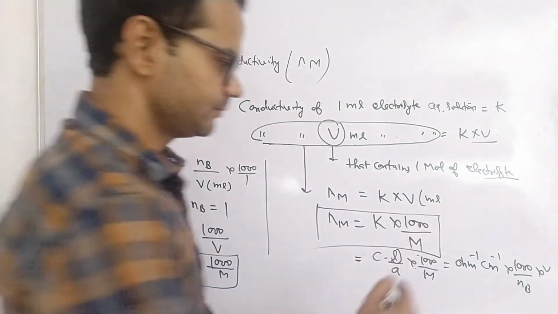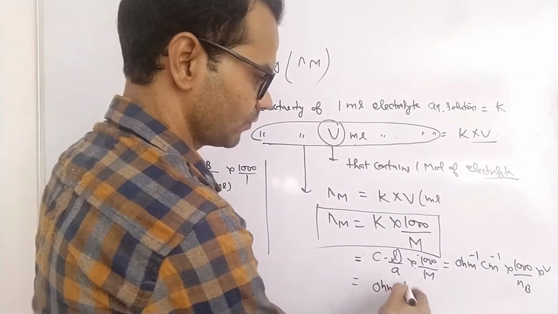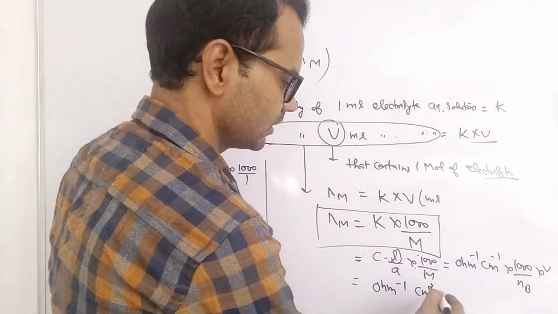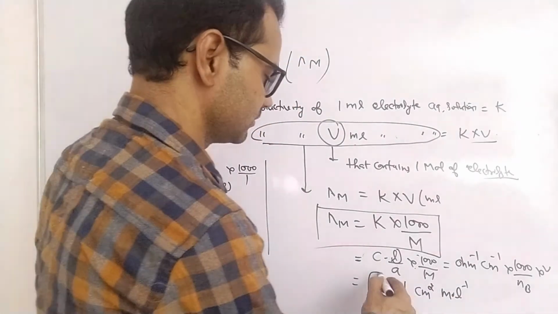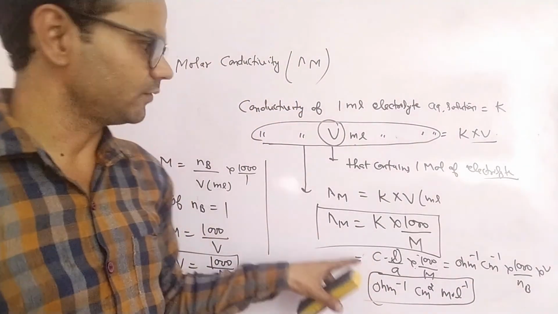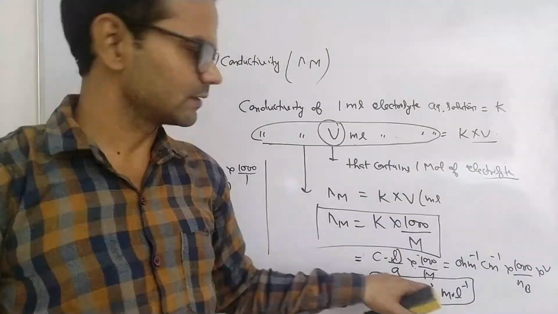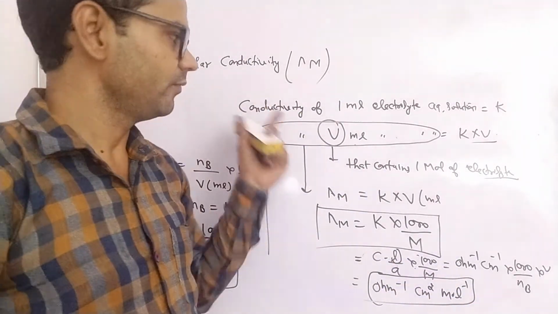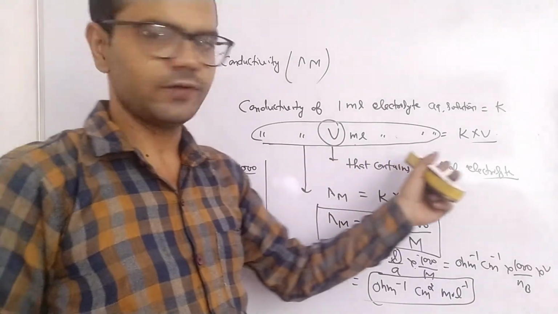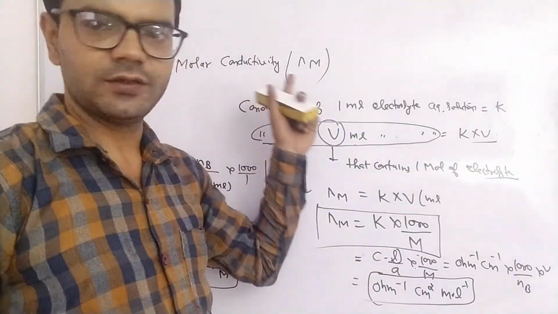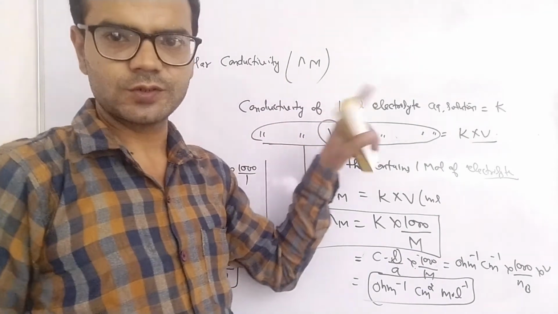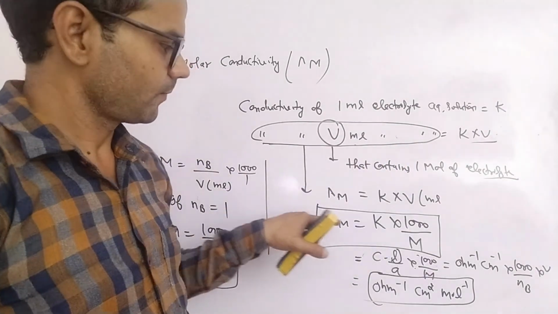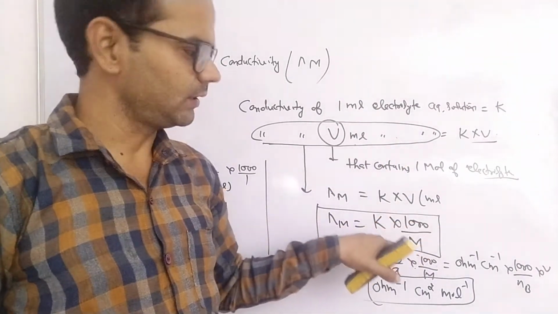So unit will be ohm inverse, volume is centimeter cube, so final will be ohm inverse centimeter square per mole. This is the unit of molar conductivity. Again, it is the conductivity of V volume that contains 1 mole of an electrolyte, or conductivity of all the ions produced by 1 mole of an aqueous solution of an electrolyte. Molar conductivity equal to K into 1000 by M.